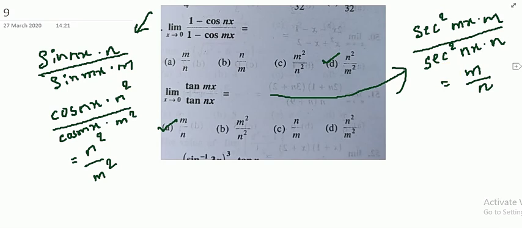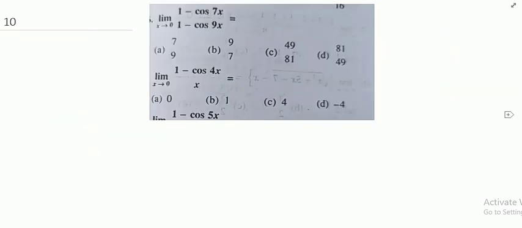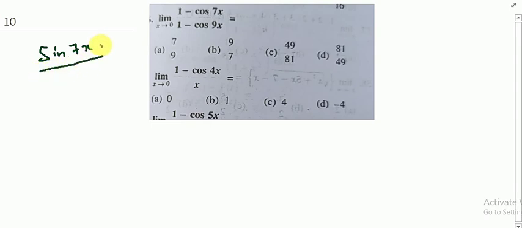Okay, so let us try to solve the next problem. Now here again we have two problems. The first one is the limit of (1 minus cos 7x) divided by (1 minus cos 9x) as x tends to 0. As x tends to 0, clearly it is 0 by 0 form. Therefore, if you differentiate it, the numerator will be sin 7x into 7, divided by sin 9x into 9.